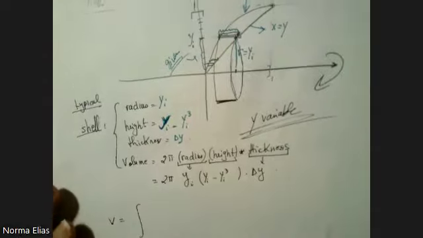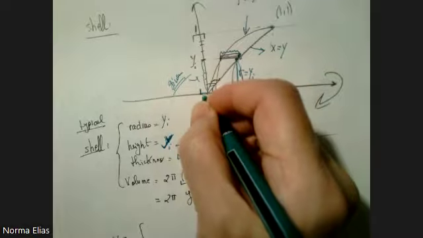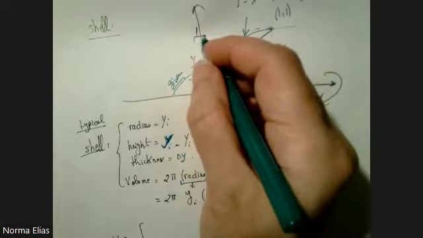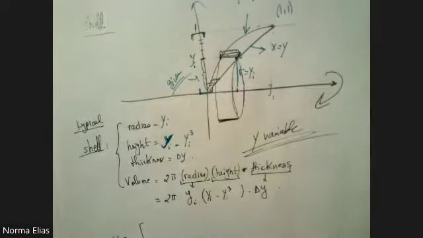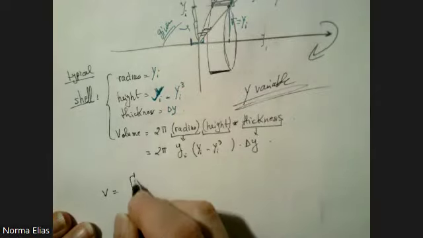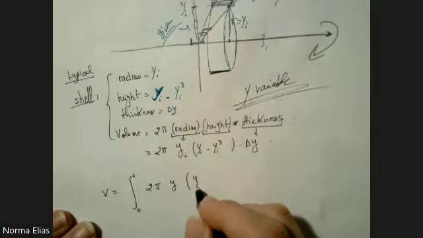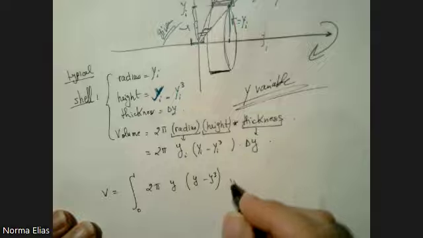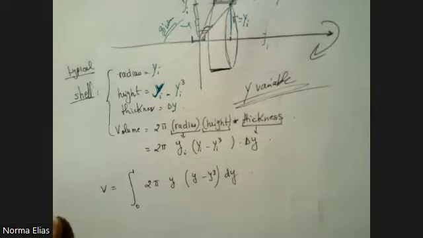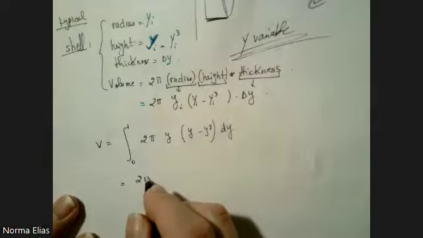Now I go back and see which interval I should cut into pieces. The interval from 0 all the way to here. This happened to be 1. It doesn't have to be 1. So the integral from 0 to 1 of 2 pi (y minus y cubed) dy.